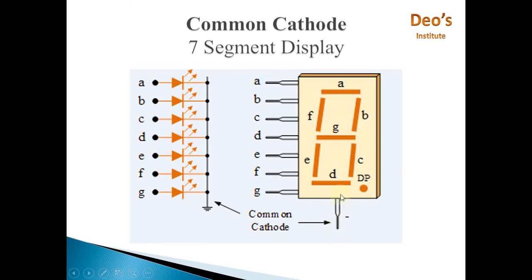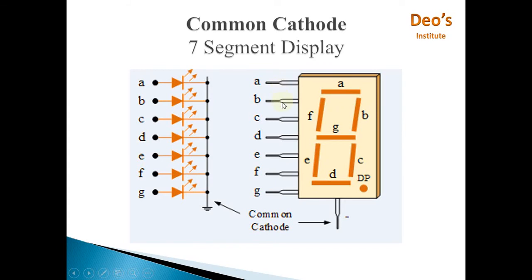This way, all negative terminals of the LEDs are connected to ground and the positive terminals are open. So when 1 is sent on the corresponding pin, that LED will glow. If 1 is sent on pin A, then only this LED will glow and all the others will be off.